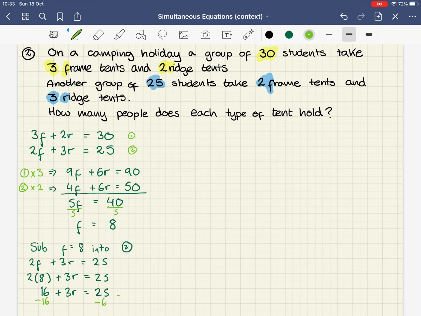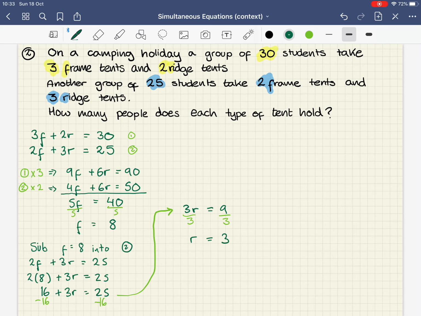Take away the 16 on both sides. So I now have 3r equals, that's going to be 9. And then I've got divided by 3 on both sides. So r equals 3.